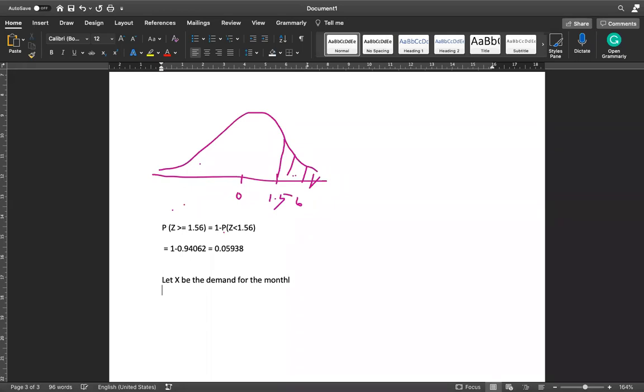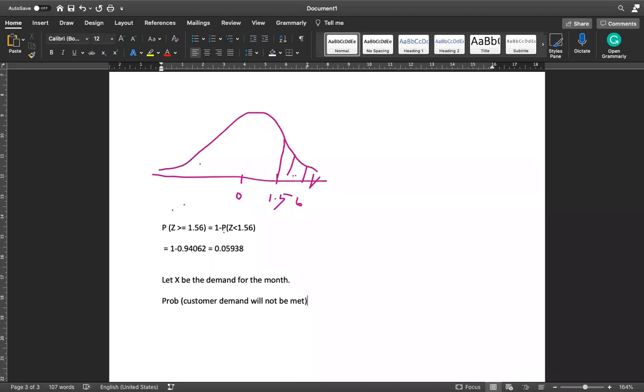We want to find the probability that customer demand will not be met. So what would occur to warrant the situation where we will not meet the customer's demand?